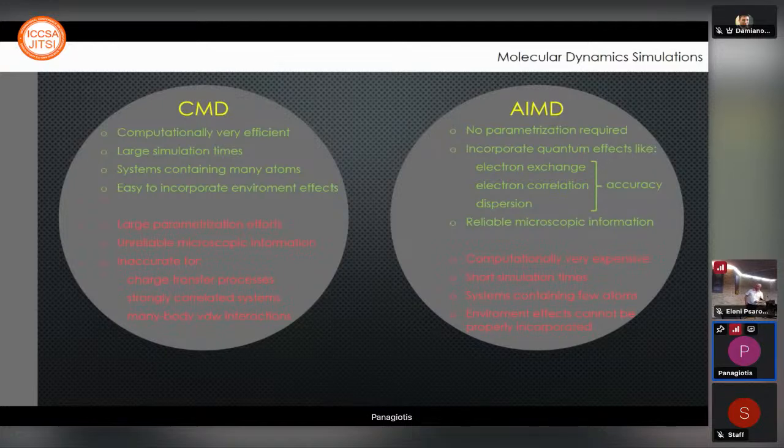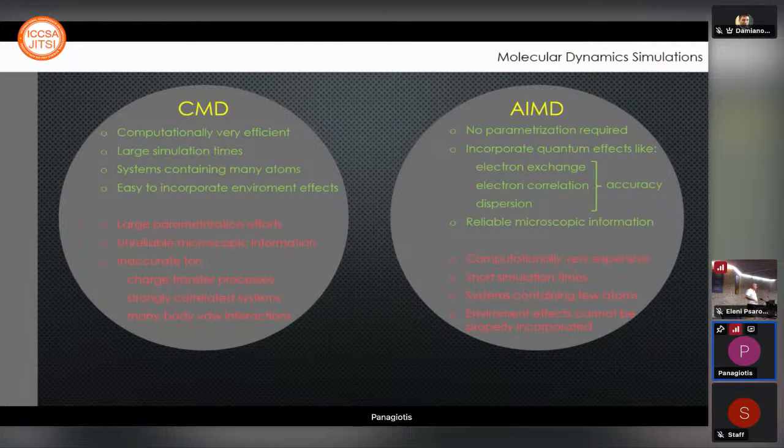In this slide, I'm showing you the comparison of the main advantages and disadvantages of classical and ab initio dynamic simulation. The main advantage of classical dynamics is its computational efficiency compared to the very high computational cost of ab initio dynamic simulation.